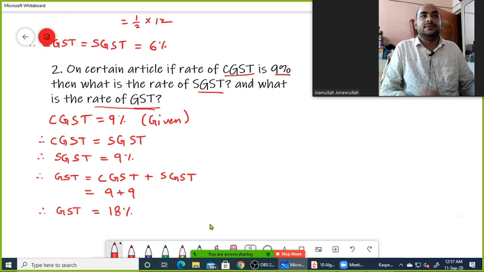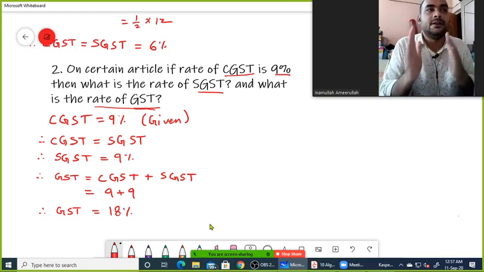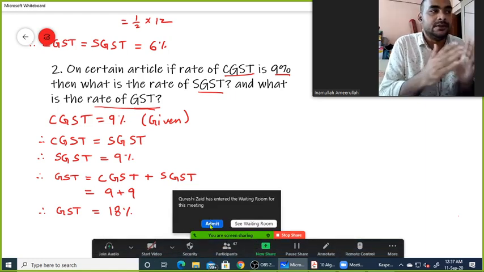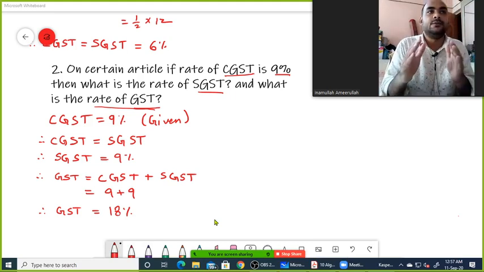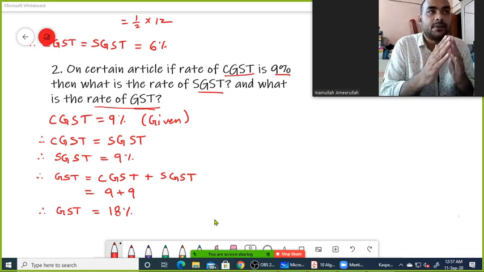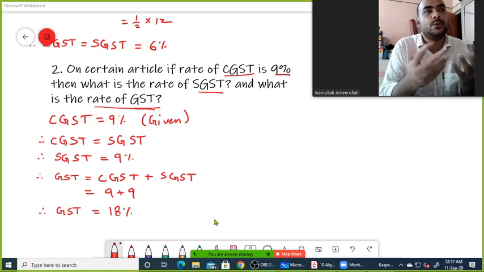So in simple words, you can remember this. CGST and SGST are actually half of GST. If GST is 12, CGST will become 6% and SGST will become 6%. If CGST is 6%, SGST will also be 6%, and total GST amount will become 12%.